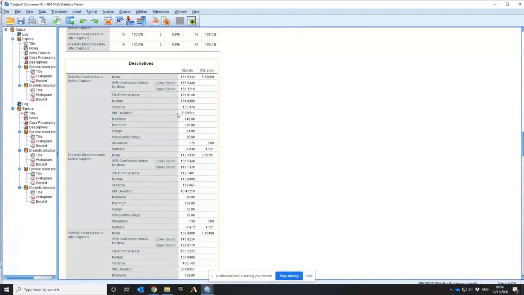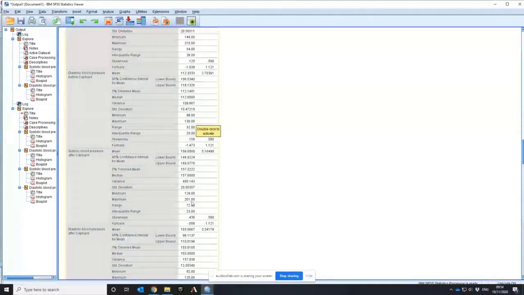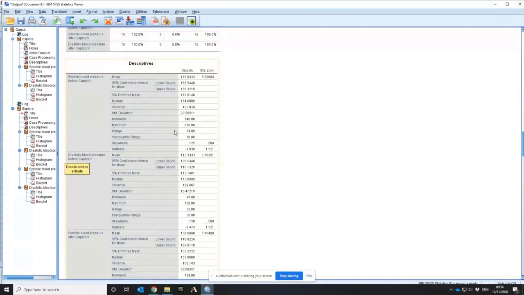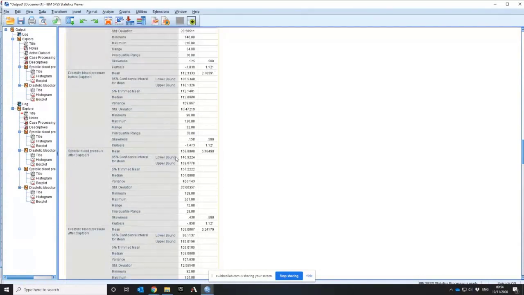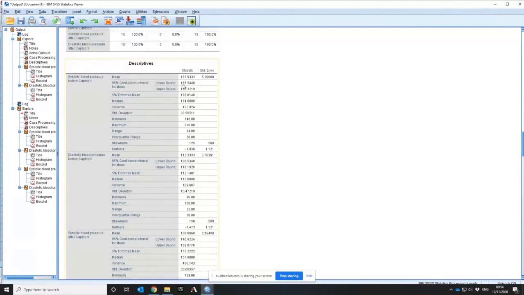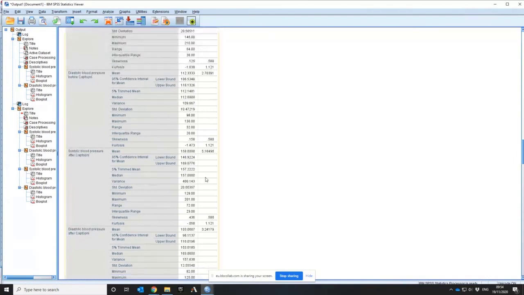Now, let's look at the systolic one, because that's the one that has the biggest number of changes. The confidence interval goes from before I did the treatment, 166 to 188. Afterwards, it goes from 147 to 169.